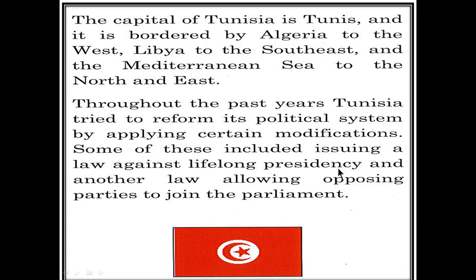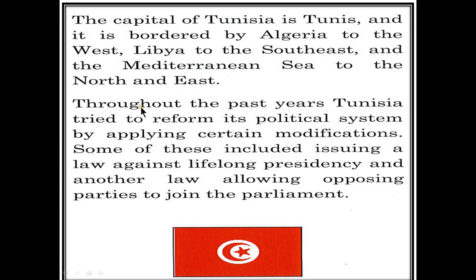The capital of Tunisia is Tunis, and it is bordered by Algeria to the west, Libya to the southeast, and the Mediterranean Sea to the north and east. These are the border countries for Tunisia.